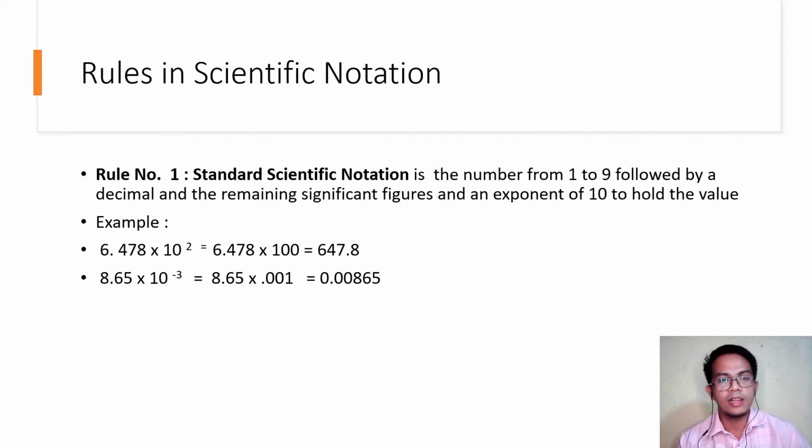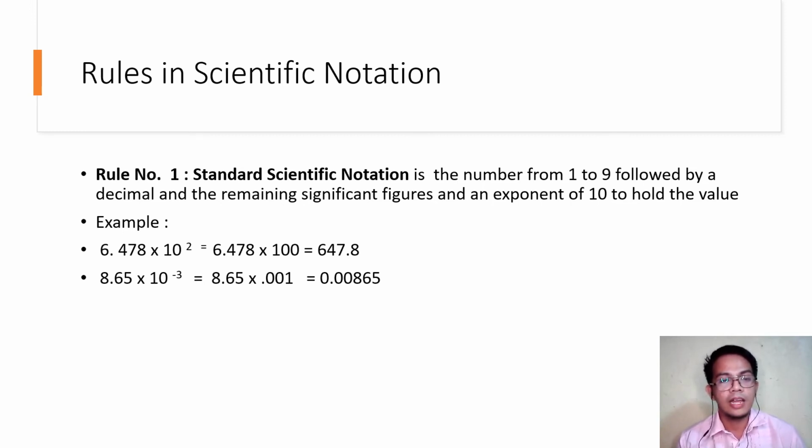Rule number 1, standard scientific notation is a number from 1 to 9 followed by a decimal and the remaining significant figures, and an exponent of 10 to hold the value. For example, 6.478 times 10 raised to 2 is equal to 6.478 times 100, or the same as 647.8.